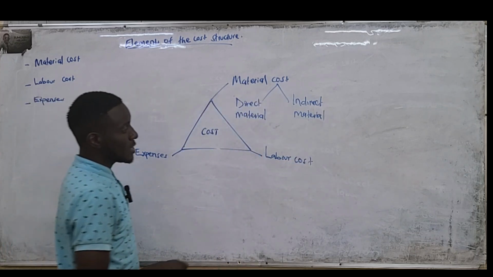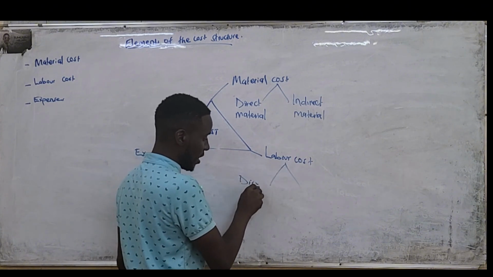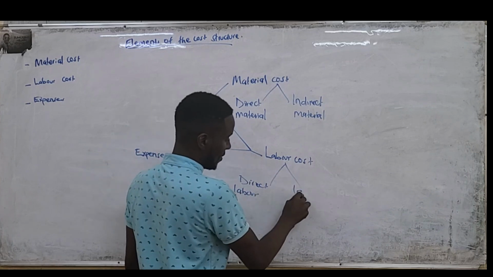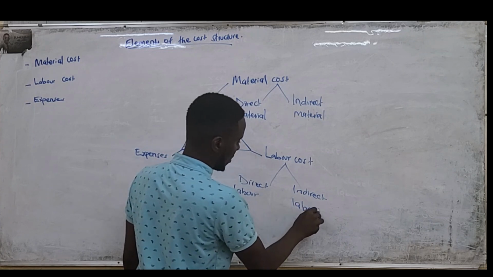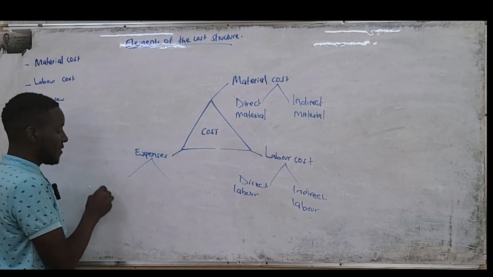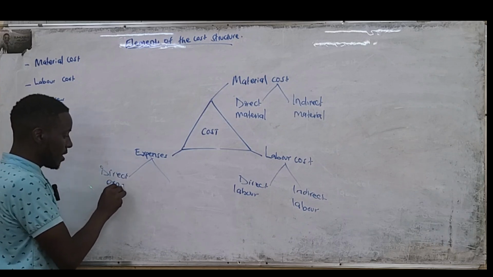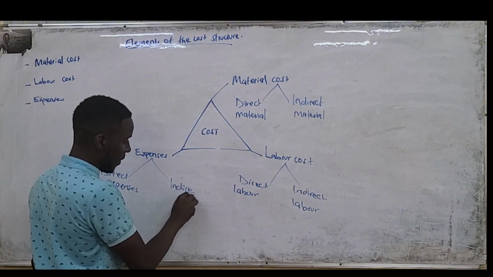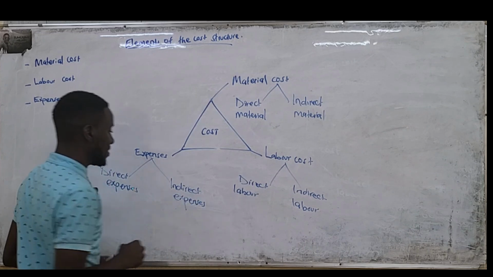The same applies to labor. We shall have direct labor, and then the indirect labor cost. And when it comes to expenses, we shall still have the same thing. We shall have the direct expenses, and then we shall have the indirect expenses.